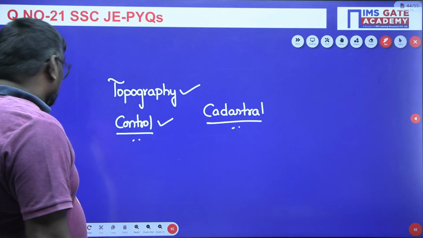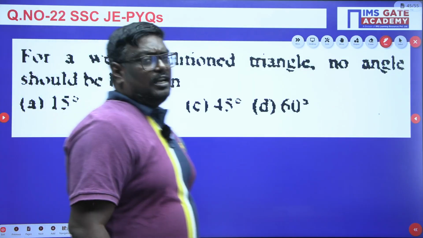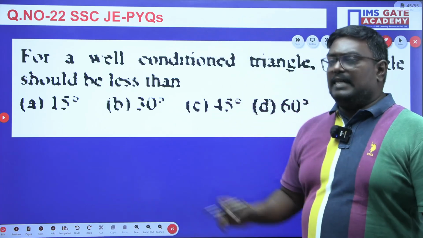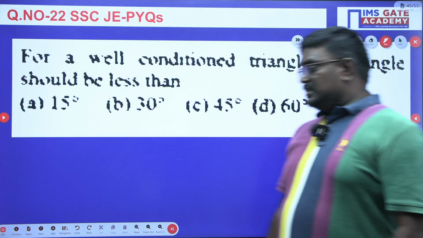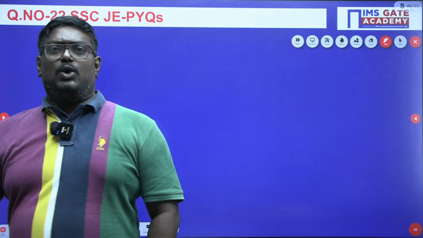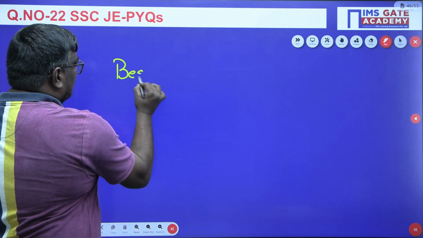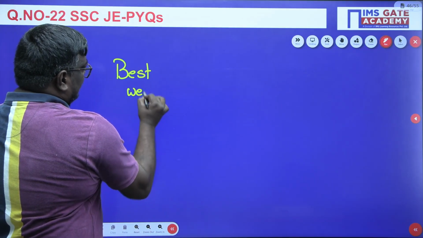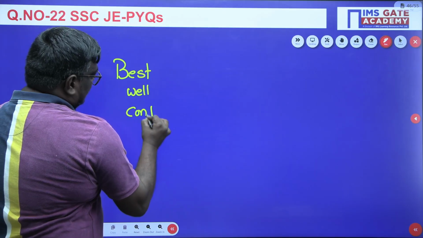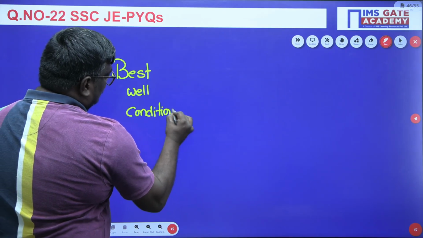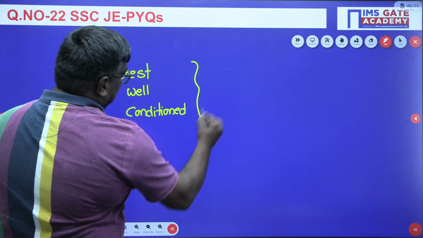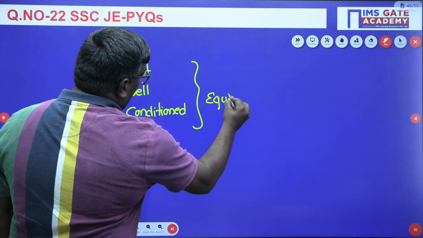Okay. Now my dear students, for a well-conditioned triangle, no angle should be less than. See here, this is very important. The best well-conditioned triangle is always the equilateral triangle.